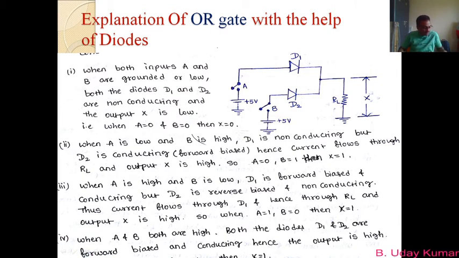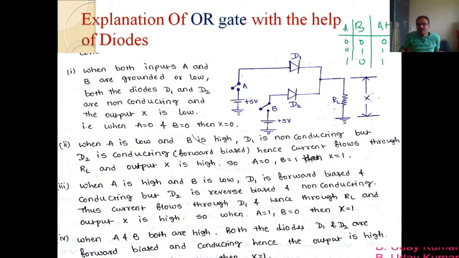If I take A and B as the inputs, the output becomes A plus B. I hope you remember this is the truth table of OR gate. When A and B are 0, the output is 0. For 0 and 1 we get 1, for 1 and 0 we get 1 again, and for 1 and 1 we get 1. So this is OR gate.